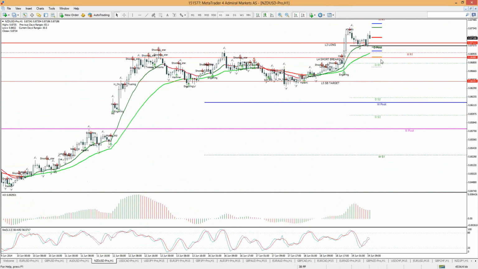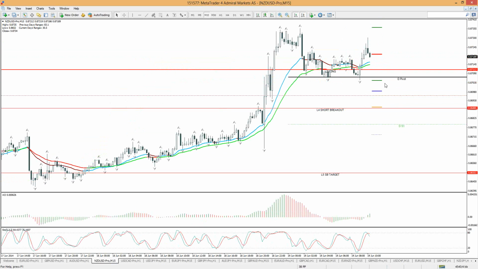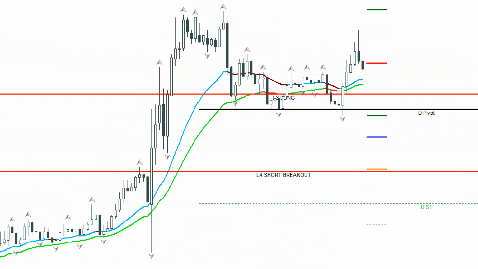But yeah, the same story does apply in the sense that if price does get back to the HER low or the daily S1, that could be a bouncing spot. Price is actually already bouncing off the daily pivot, which itself already could be enough retracement, right here.